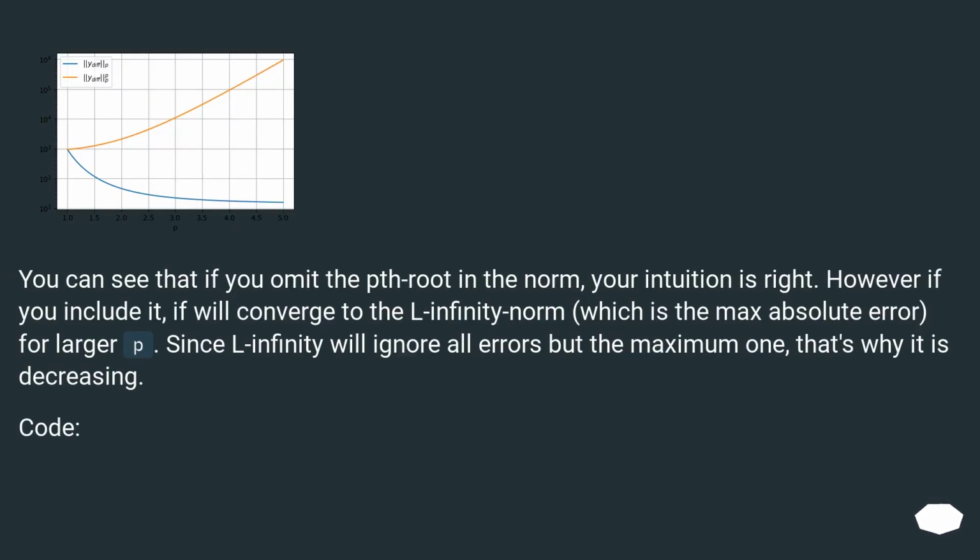You can see that if you omit the pth root in the norm, your intuition is right. However, if you include it, it will converge to the L-infinity norm, which is the max absolute error, for larger p. Since L-infinity will ignore all errors but the maximum one, that's why it is decreasing.